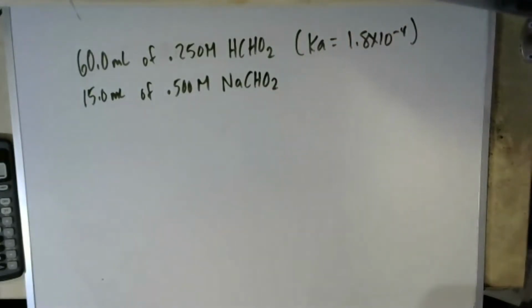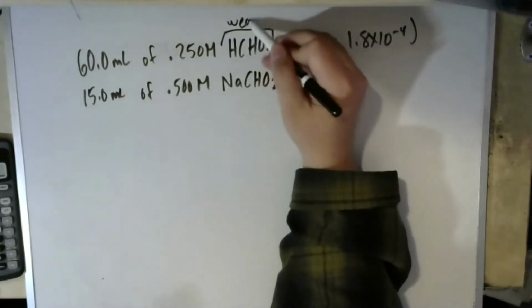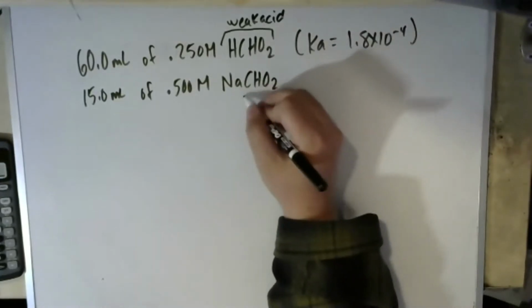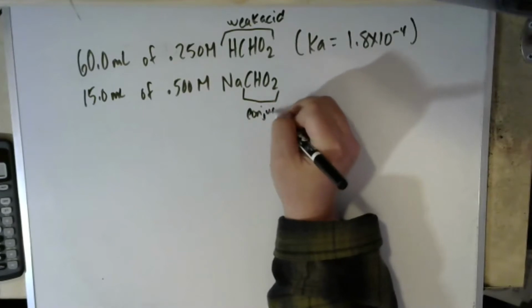Okay, so again, right away, we can recognize that this is going to be our weak acid. And the anion here, the CHO2 minus, is going to be our conjugate base.